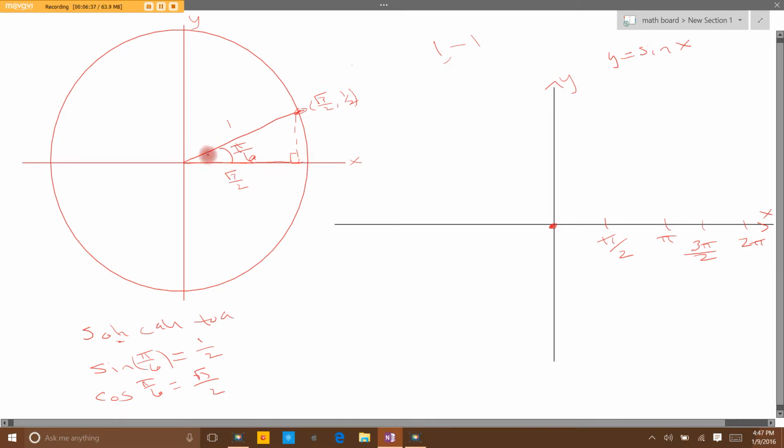If we look along the y-axis, we have y equals 1, or sine equals 1, at this point, and that's the maximal point you're going to get because the radius is 1. So again, the convenience of having a radius of 1 is very nice and neat. So 1, -1. At 0, sine of 0 is 0.